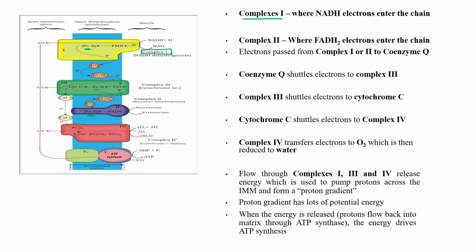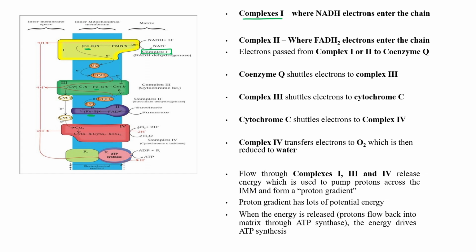Electrons first move from FMN, flavin mononucleotide, to ubiquinone, which converts from ubiquinone to ubiquinol form, and then to the complex having cytochrome C BC1.